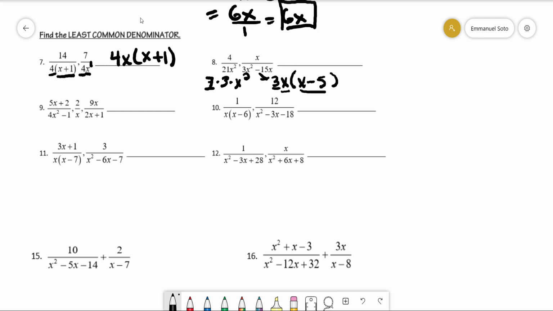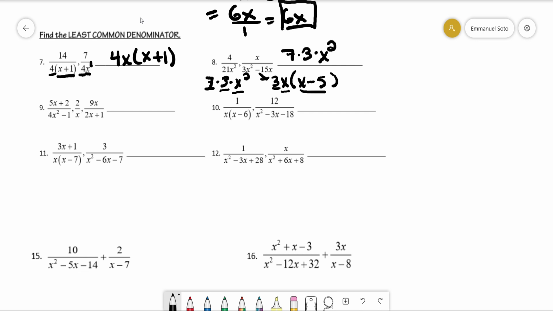Here we got a 7, we got a 3, we got 2 x's. Alright, so we got a 7 here, we got no 7's on the right, so we got a 7 for our least common denominator. We got 1 3 on the left side, we got 1 3 on the right side, so we're going to pick 3, just one of them. We got 2 x's on the left side, only 1 on the right side. So we're going to pick the highest of the 2, so that means x squared.